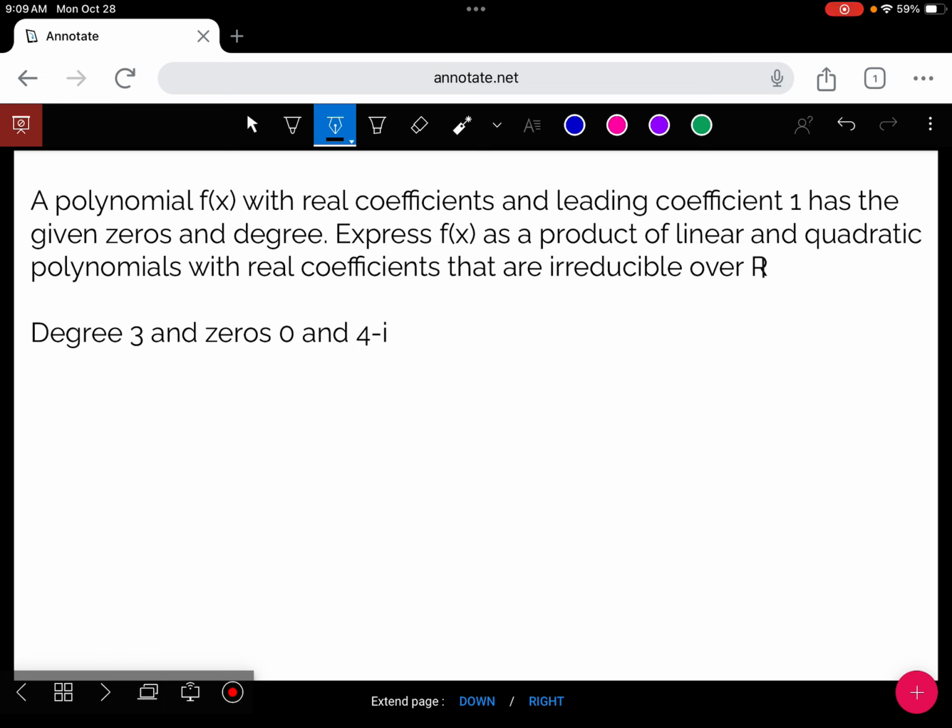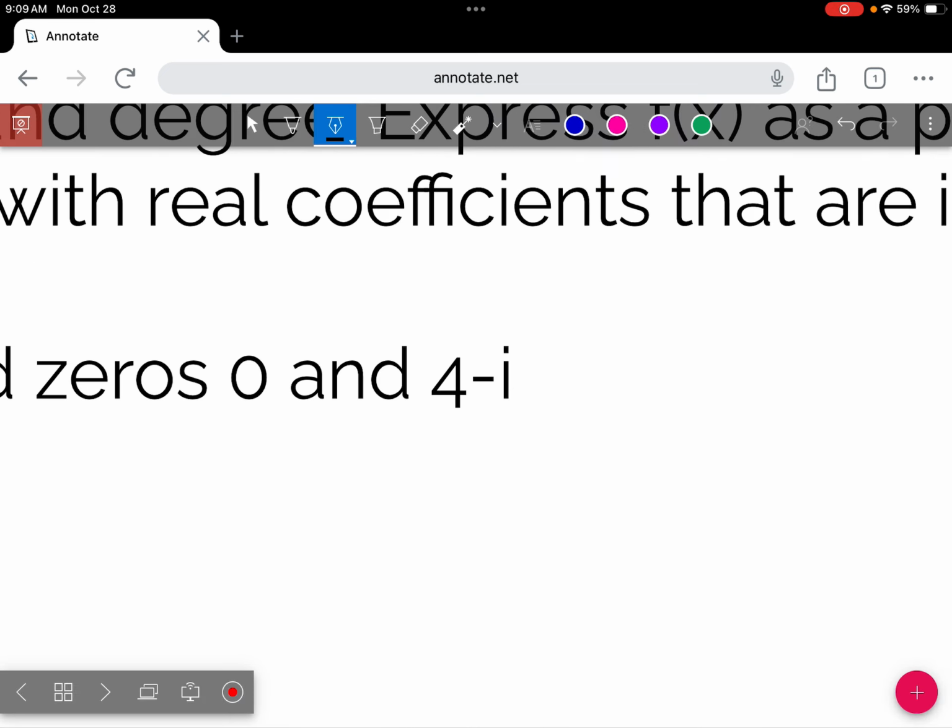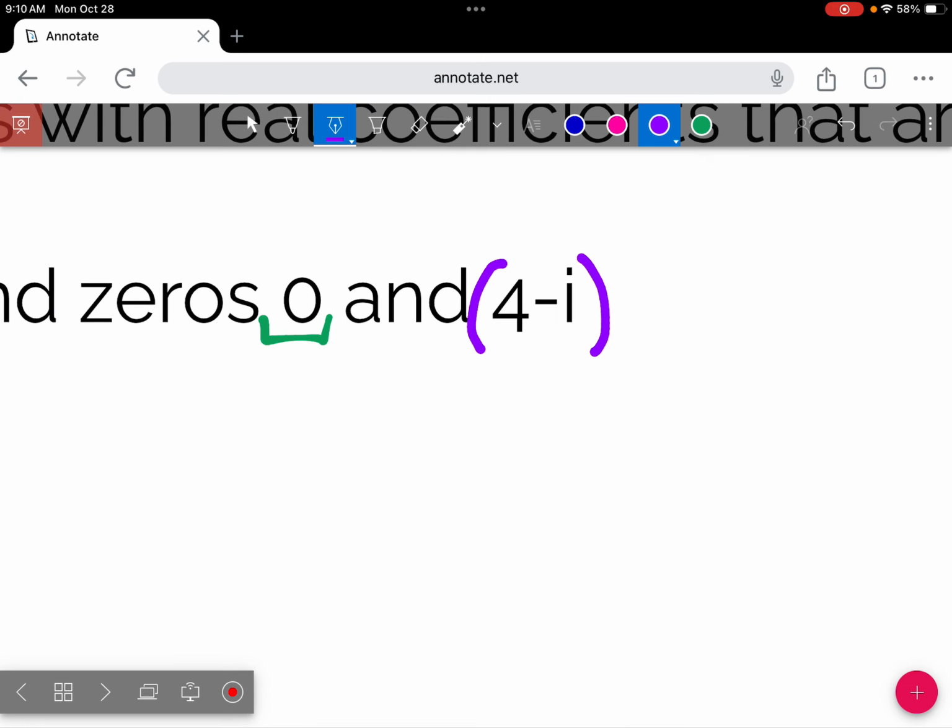So, same instructions. This time we have zeros at 0 and 4 minus i. It's a complex number. So this is going to be one factor, and this is going to be another factor. 4 minus i is our complex root. So when we're putting this into the factored form, what we're going to have is plus or minus 4 minus i.